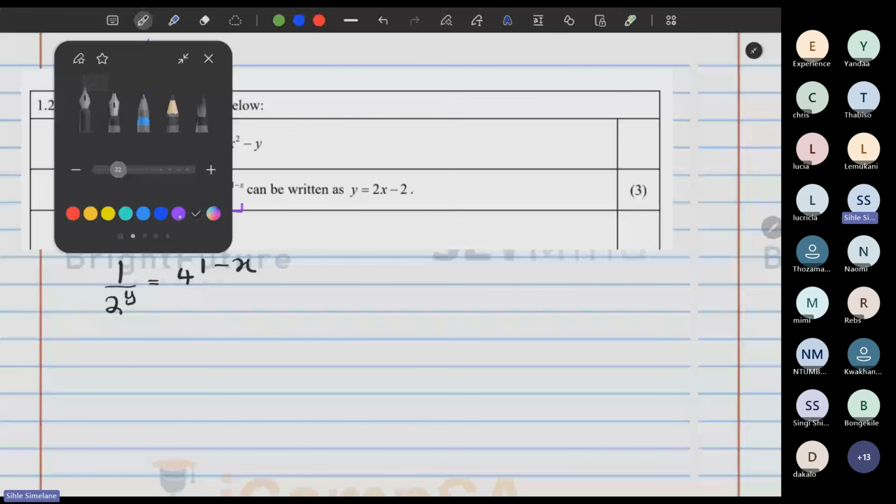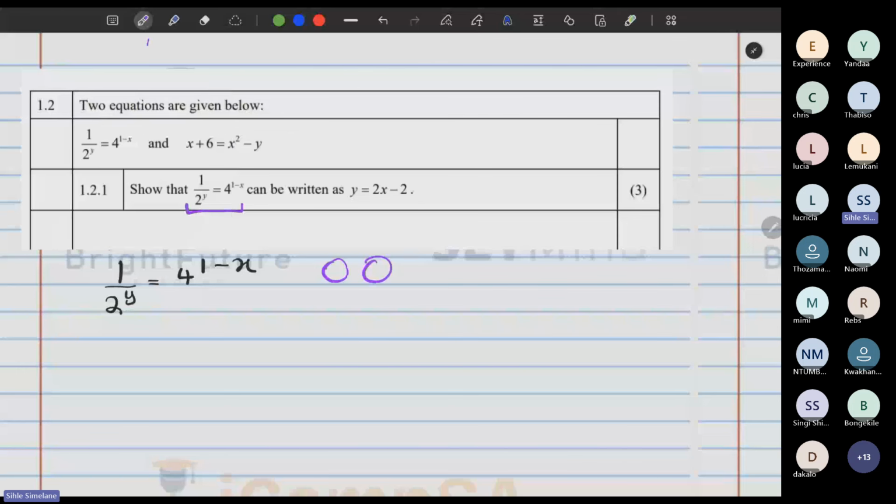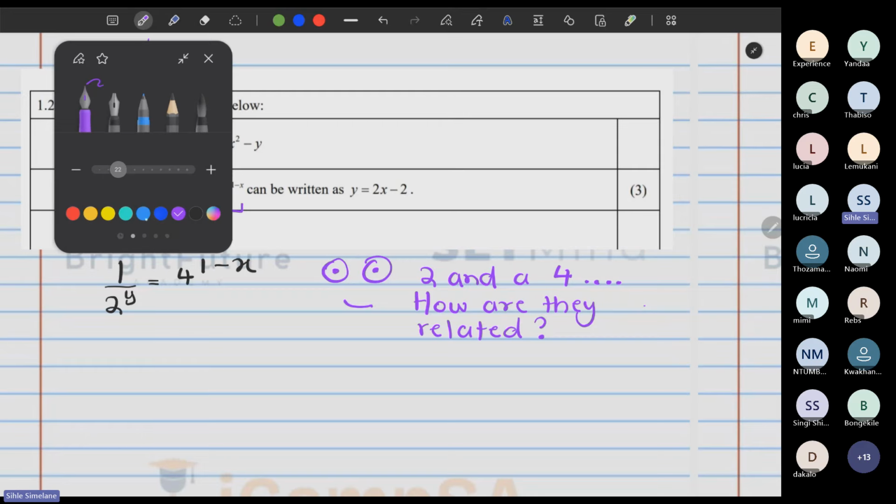So what I can see here, if I think about this carefully, is that I have a 2 and a 4. The question that we need to ask ourselves is, guys, how are they related? Anyone? How are these related?